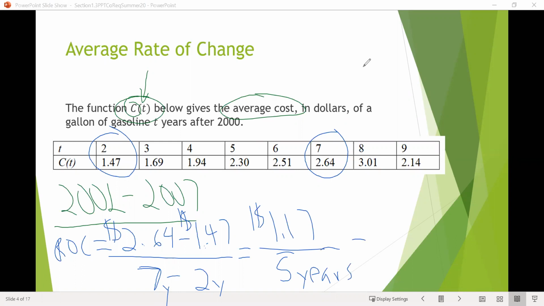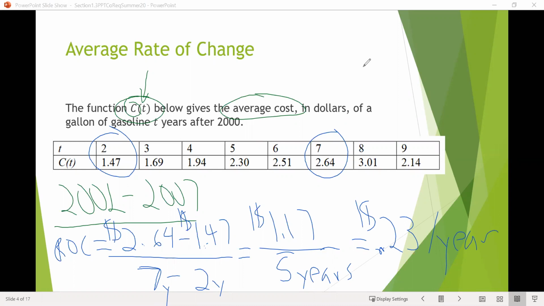Then we can divide these numbers to get something more accurate. We end up with 0.234, although we're dealing with money here, so I'm just going to use $0.23 per year. So from 2002 to 2007, it looks like the price of gas on average increased by about 23 cents per year.